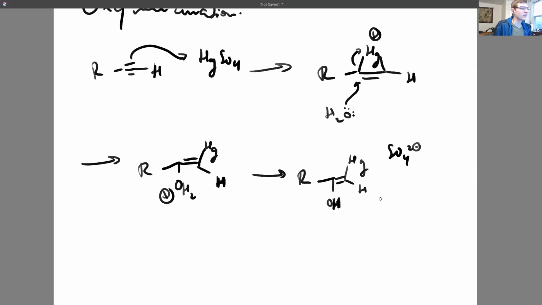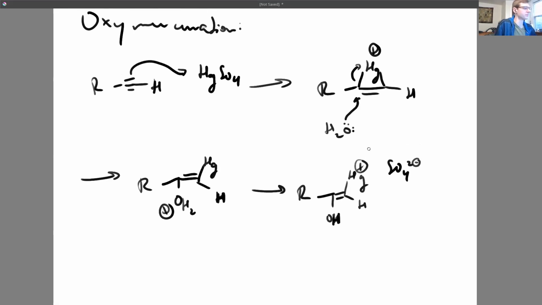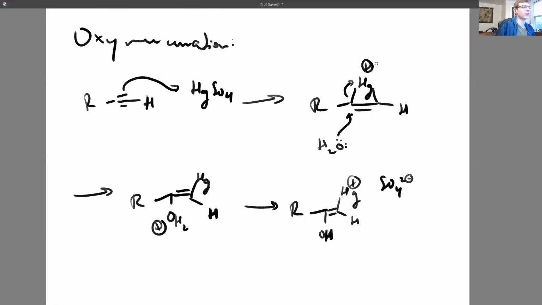So let me actually try to find exactly what happens, because I don't remember exactly the detail. Okay. So this does have a plus charge, by the way. Anyway, this should have a 2+ charge. That's fine.